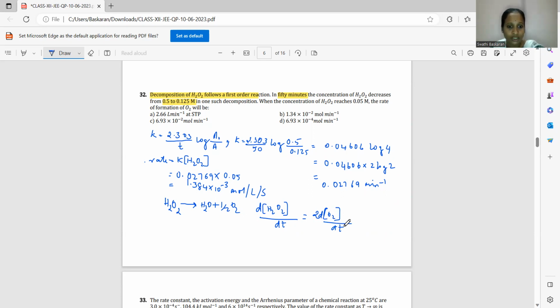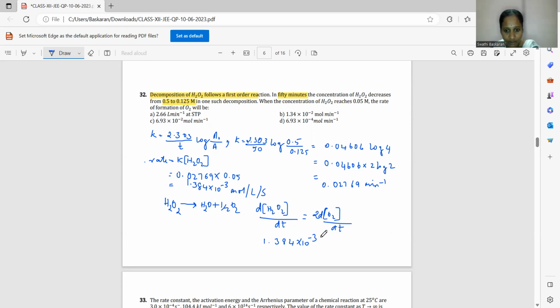Okay, now what is the value of formation of H2O2? So formation of H2O2 is 1.384 into 10 power minus 3 mole per liter per second.